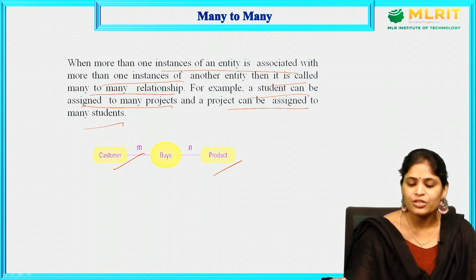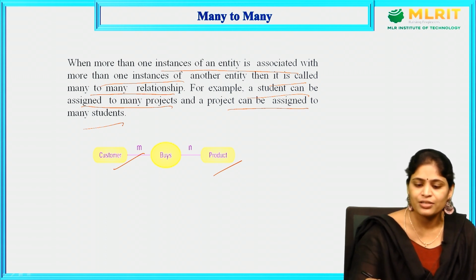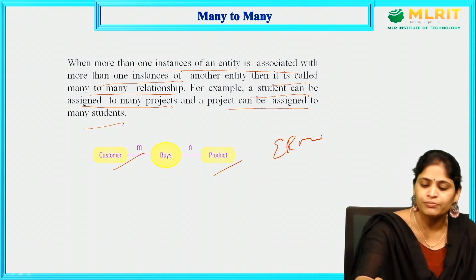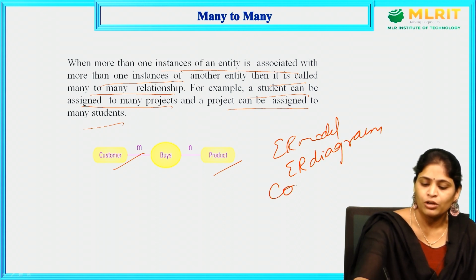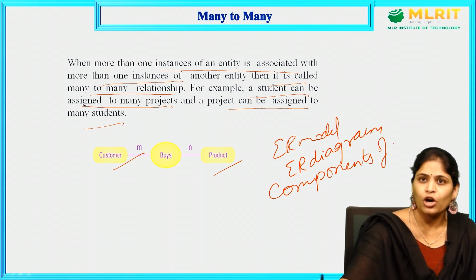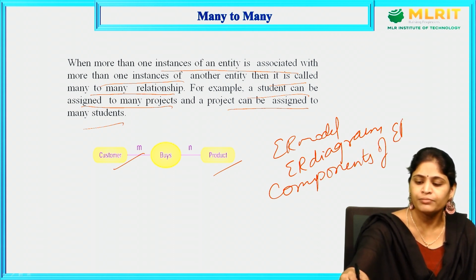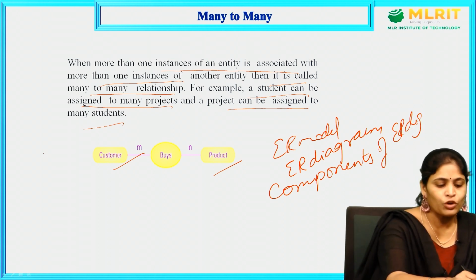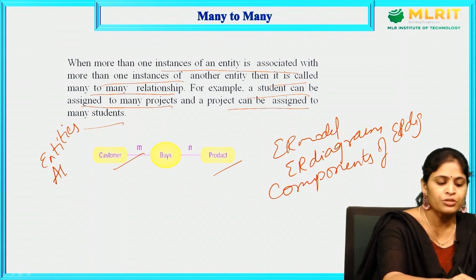So in today's session, the summary of today's session is nothing but ER model, ER diagram, components of ER diagram. Next, what are those components? Entities, attributes and relationships.